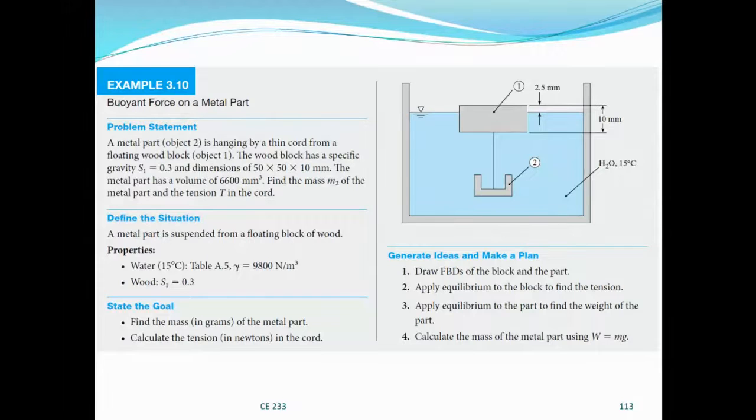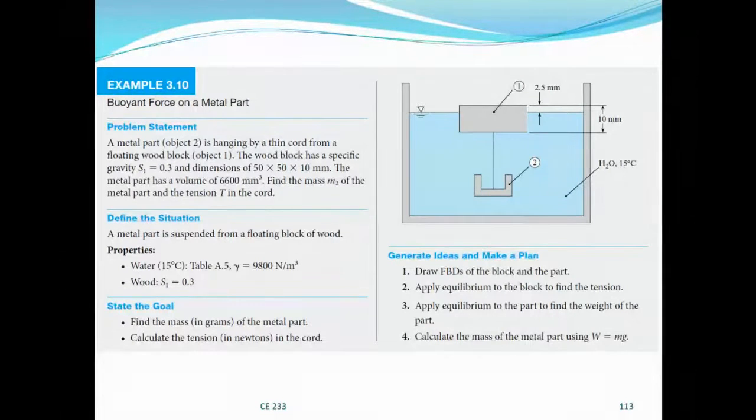The wood block has a specific gravity S1 of 0.3, so its density is less than the density of water, and these are the dimensions. The metal part has a volume of 6,600 millimeter cubed. We have to find the mass M2 of the metal part and the tension T in the cord.